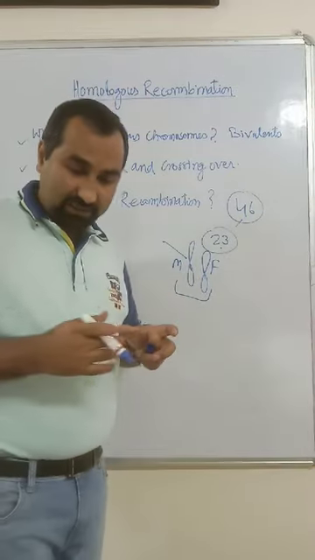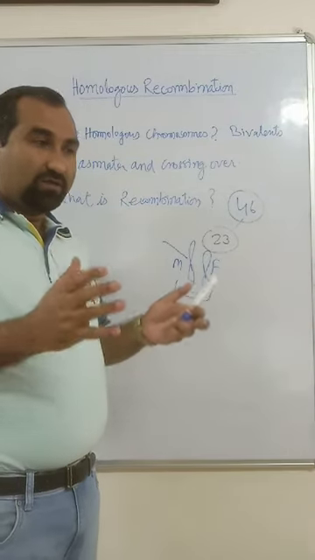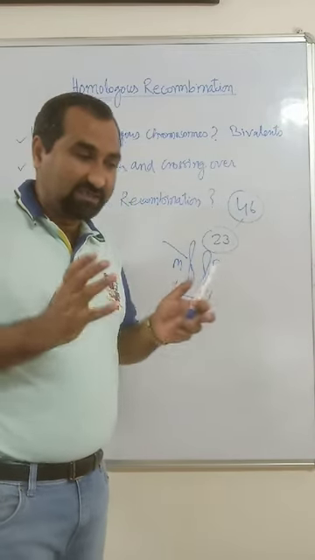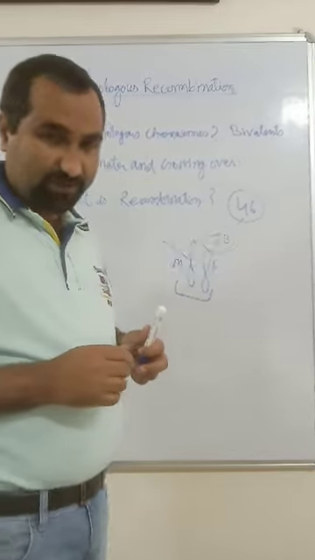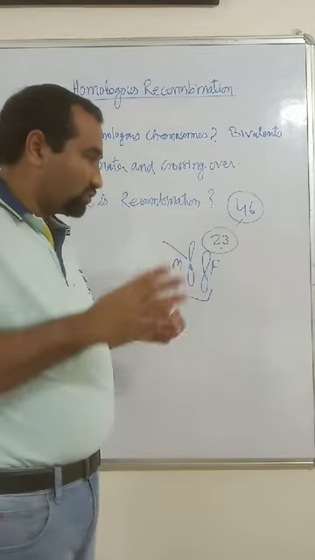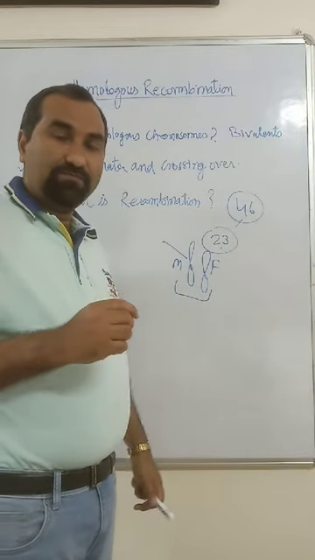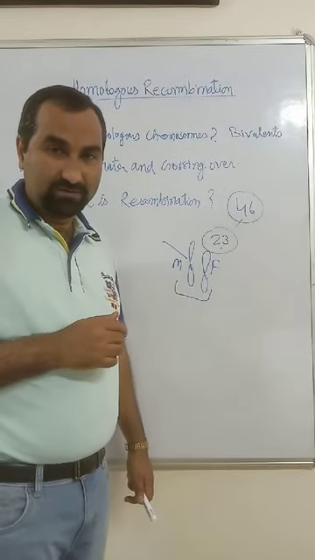But what is the criterion for which chromosomes will form a pair and be considered a homologous pair? Homologous chromosomes are those that are the same in genetic information.